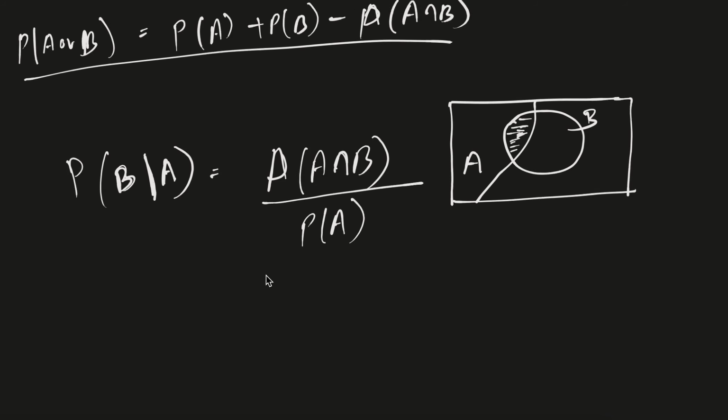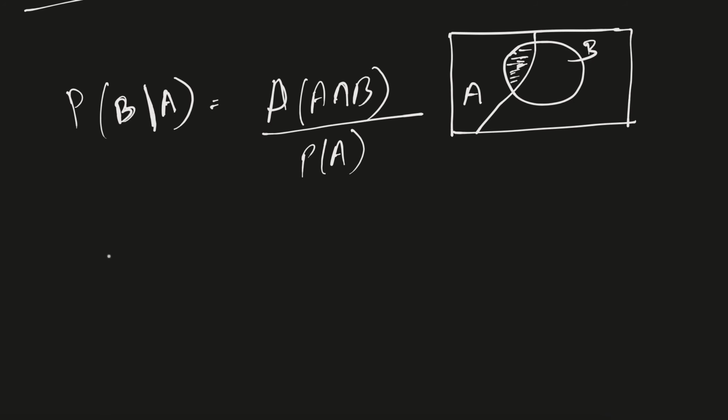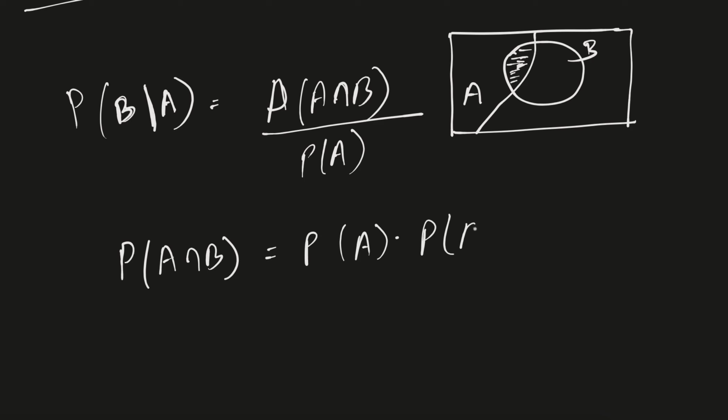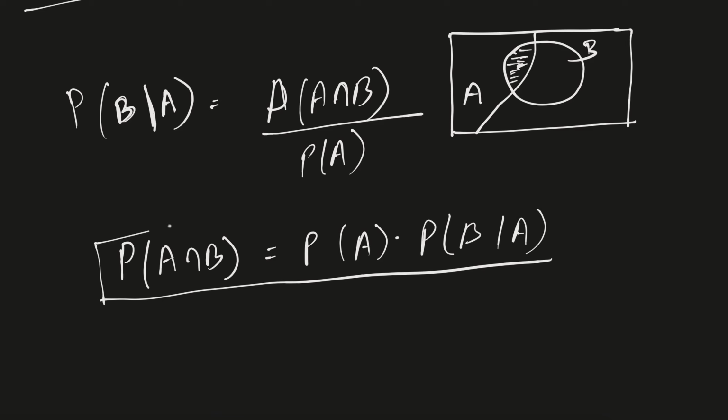And now we could do some algebra in here. Let's do some interchanging. So probability of A intersection B is going to be probability of A times the probability of B given A, when A is given. And this is what we call the multiplication rule.